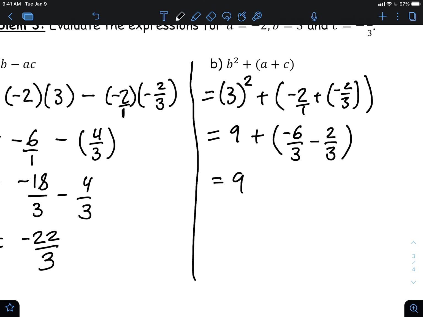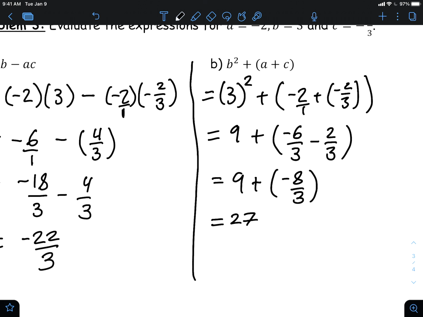And then we can carry that out. So that's 9 plus minus 6 minus 2, which is going to get us negative 8. So we have negative 8 over 3. Okay, we're almost done here. What we need to do is just carry out this addition. So figure out our common denominator is going to be 3.